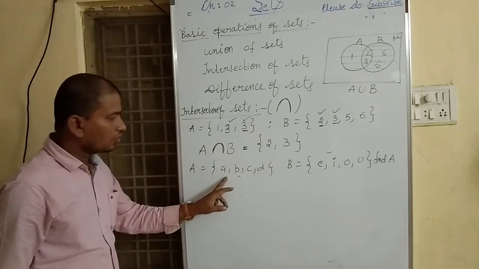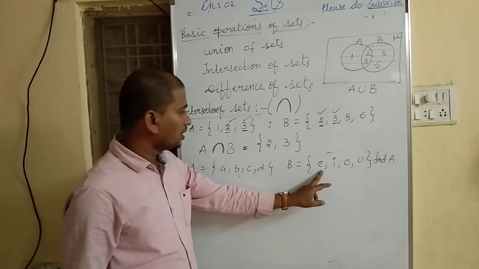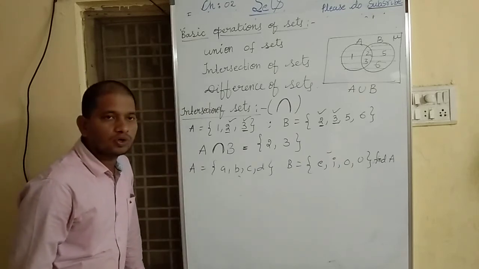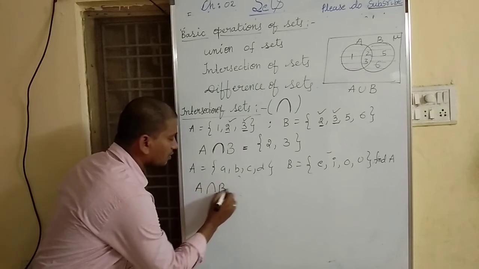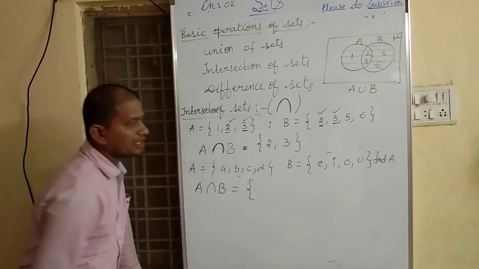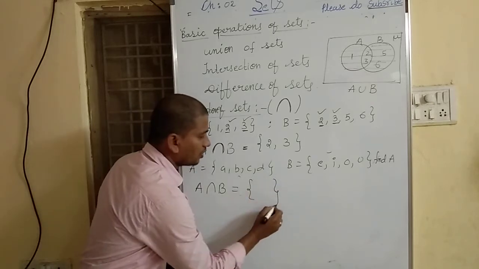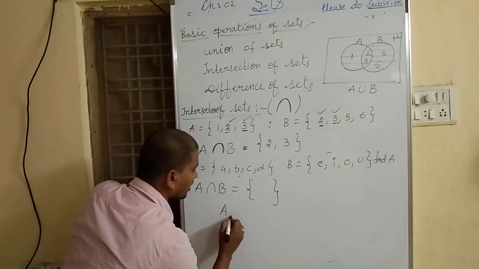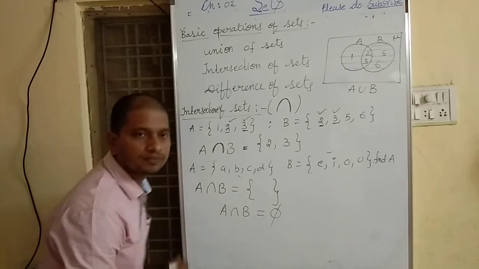For example, one more example here. A equal to A, B, C, D. B equal to E, I, O, U. Is there any common elements here? Find A intersection B. There is no common elements here. Then A intersection B equal to what? We got A intersection B equal to phi, I mean empty set.